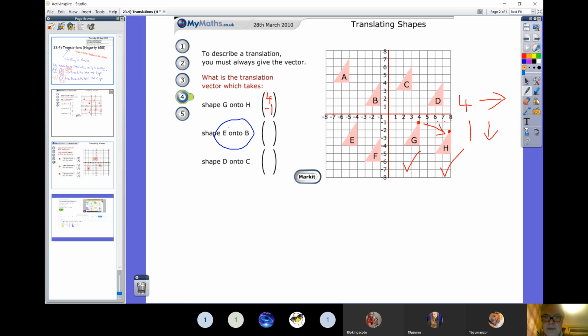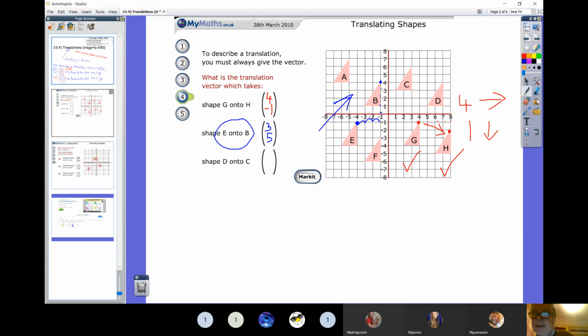We're going that way, E to B. So take a point of your choice, and it's got to be the same point. You can see that that point is going 1, 2, 3 to the right, and then 1, 2, 3, 4, 5 squares up. So the vector to get from E to B would be 3, 5.